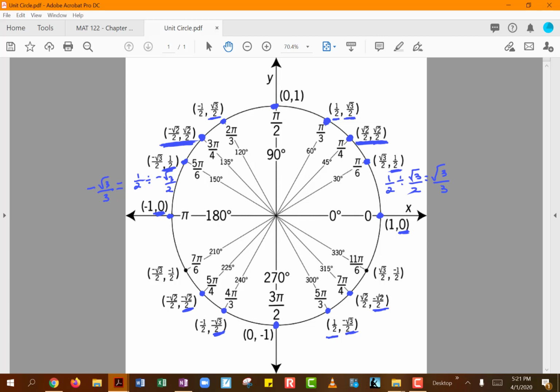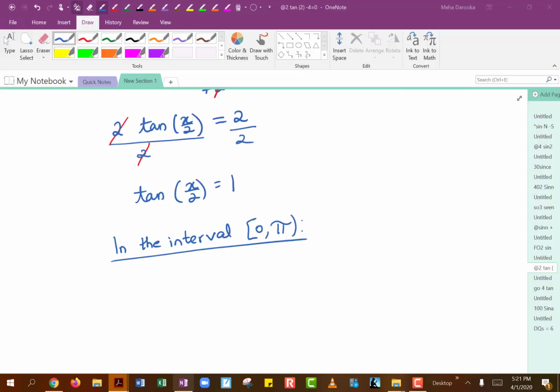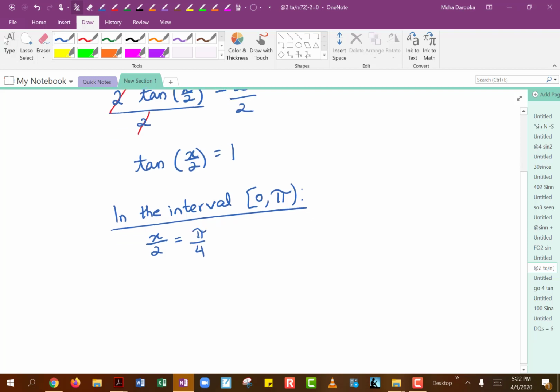That is going to happen right here at the 45-degree angle for pi over 4, and that's going to be the only angle between our 0 to pi interval. So that means our angle x over 2 has to be pi over 4, and this is of course in the interval.